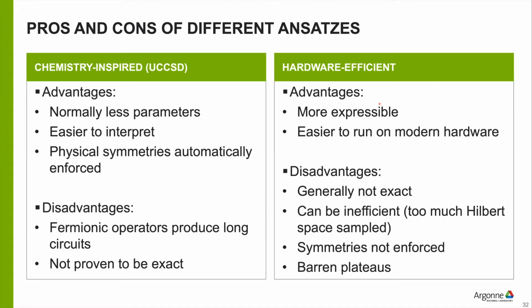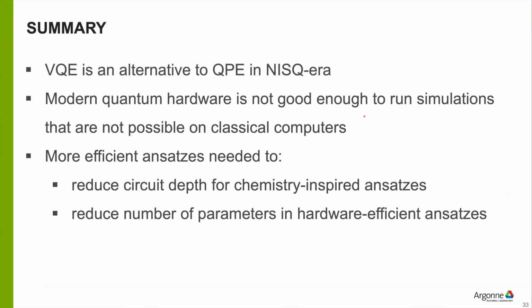Whereas hardware-efficient ansatzes are easier to run and more expressible, but they can be really inefficient, you can have problems with symmetries of the system, which are hard to enforce in some cases, and the barren plateau problem that I've talked about.